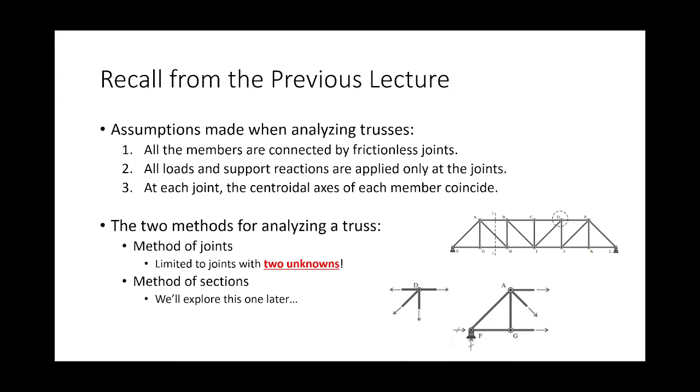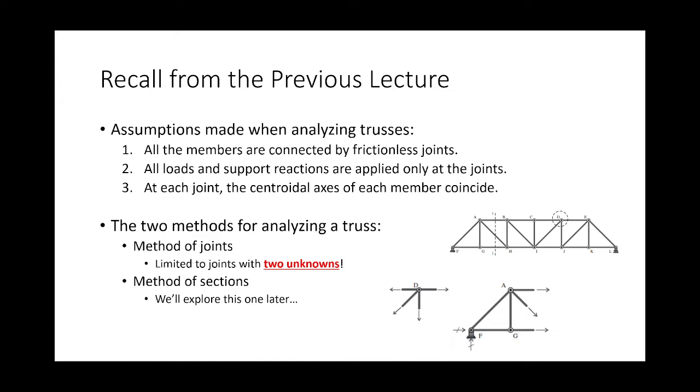The last 2 assumptions basically ensure that we are dealing with a concurrent force system, statics of particles from Engineering 213, and the first assumption tells us that there aren't any additional forces that we need to account for. So what these 3 assumptions are telling us is that in a truss, the only forces are axial forces, either tension or compression.